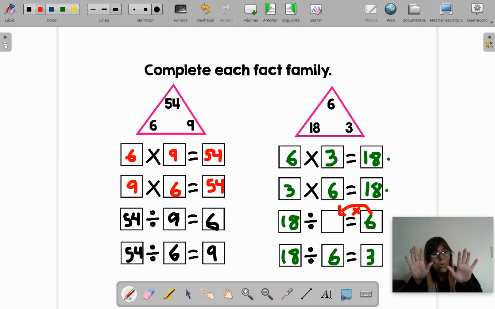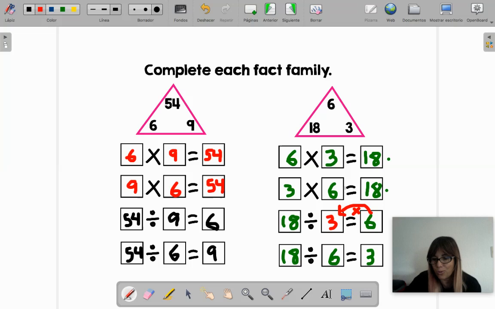I think I found a way to count by 6, 12, 18. I already saw that it is the number 3. 6 times what equals 18? When you hear 18, you stop. 6, 12, 18, it's 3. So you found it and you put a 3.